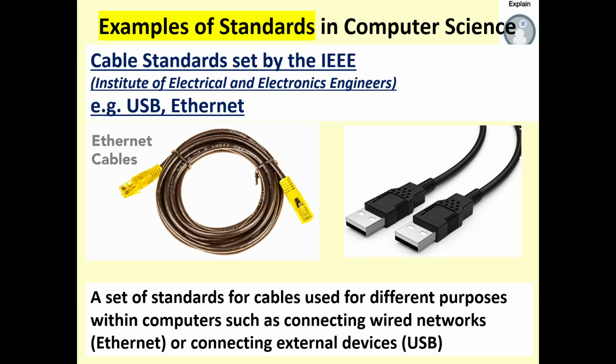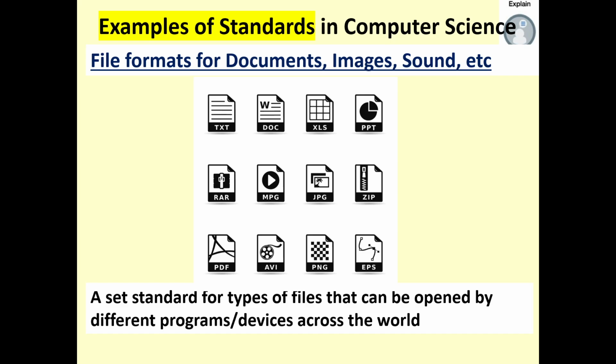We have cables that are standards, things like USB, Ethernet. They are standard cables that are used for different computers and purposes in the network, connecting printers, connecting mobile phones, etc. And finally, file formats. All the different file types you use, doc, PowerPoint, JPEG, and MP3, they are standard file types that can be opened by different programs and devices across the world.